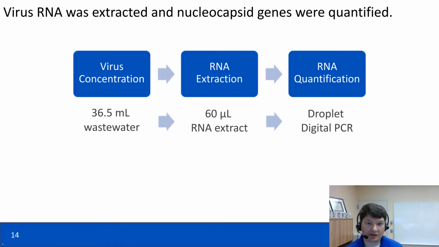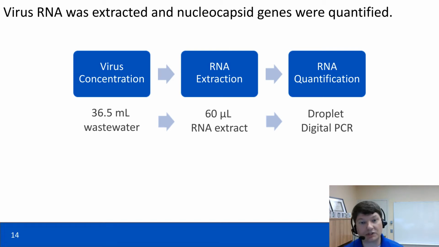For virus concentration and RNA extraction, we started with 36.5 mL of wastewater. After concentration, we extracted down to 60 microliters of RNA extract. And then our RNA quantification was largely done with droplet digital polymerase chain reaction, technically a little bit more difficult than standard PCR or qPCR.